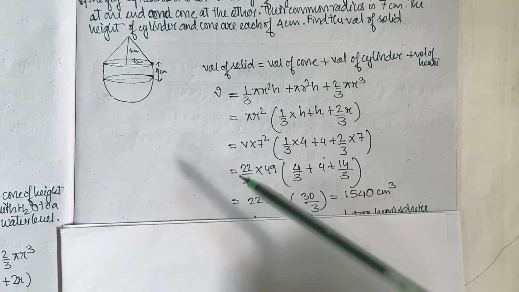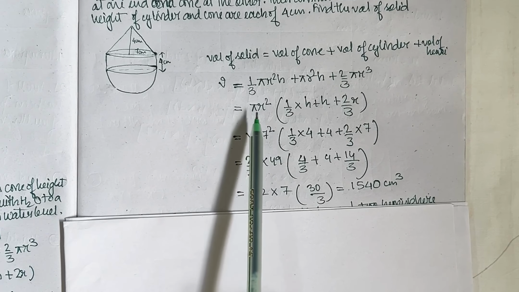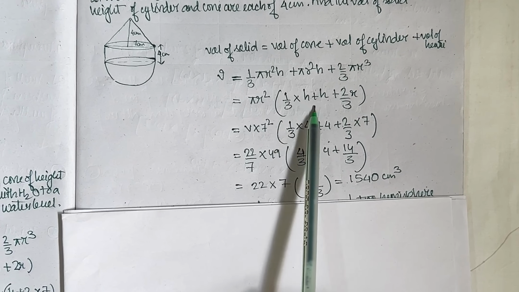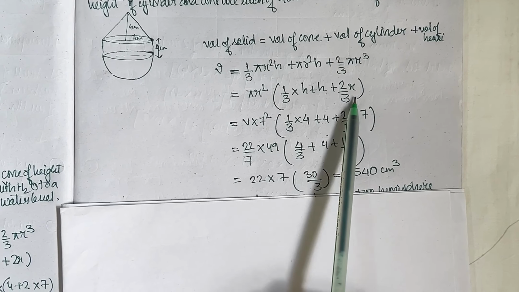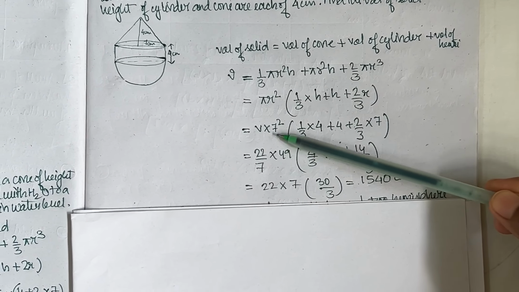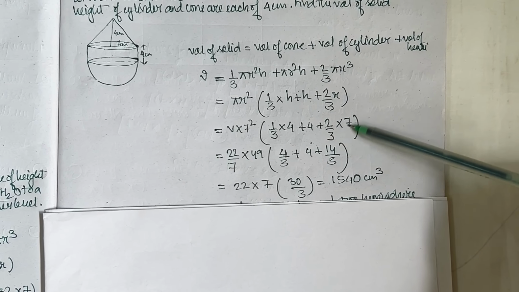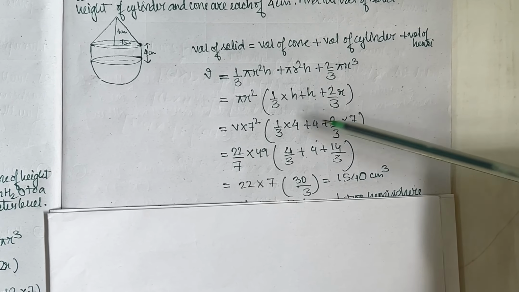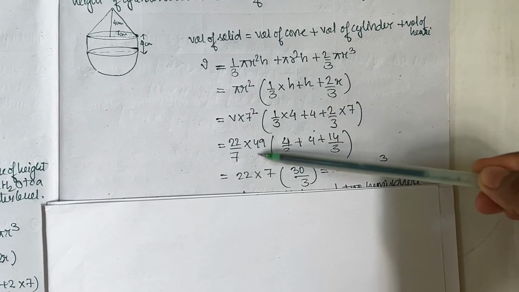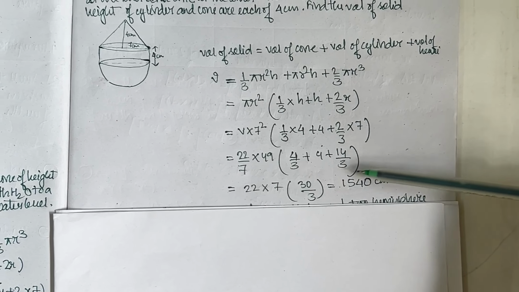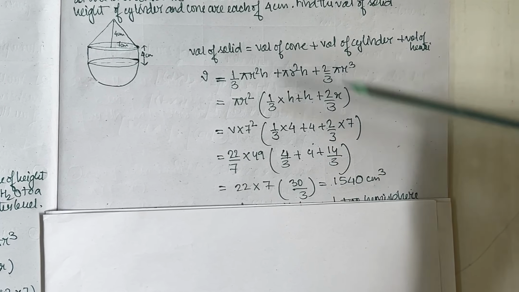Now we are just taking out the common and left with pi r square into 1 by 3 into h plus 2 by 3 r. Again pi into 7 square into 1 by 3 into 4 plus 2 by 3 into 7. We are just putting the values, and on simplifying it all, we get 1540 centimeter cube as the volume of the solid.